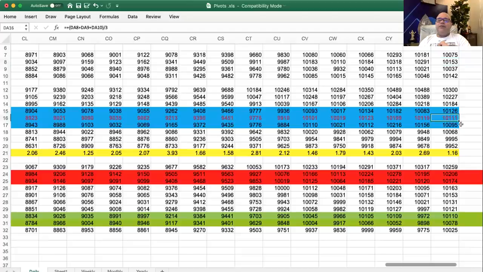This is the pivot point for the day, 10,111. These are the floor pivots, the S1, S2, S3, and the R1, R2, R3. And these are the Camarilla pivots. The green one is the one where you have support, and the red one is where you have resistance. For people who know what I'm talking about, this is L3, L4, and this is H3, H4.